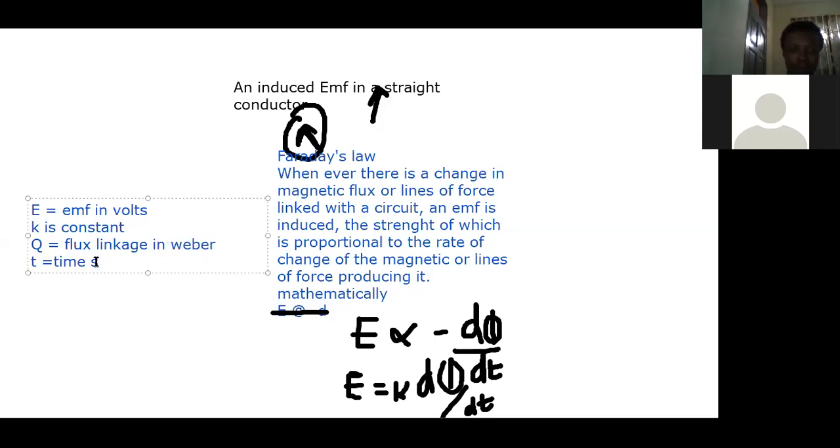This is a negative, and the negative will be taken away, so don't worry.